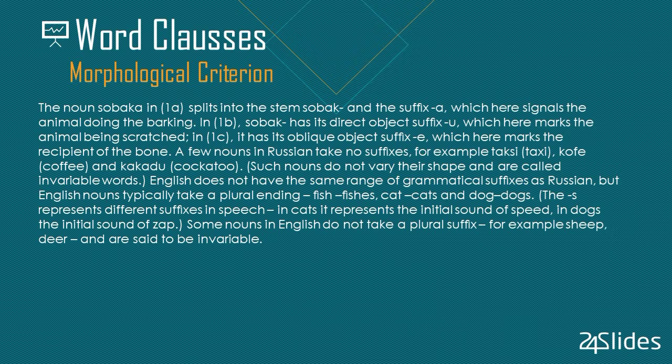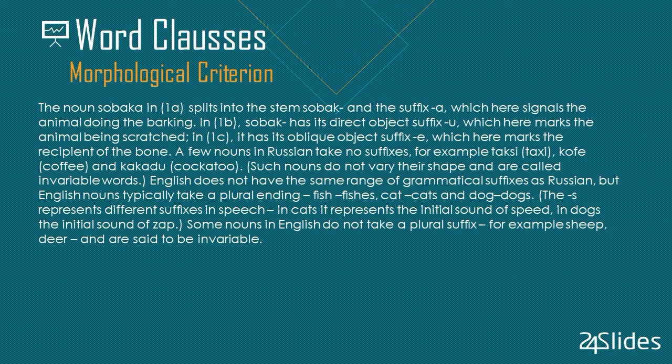In 1b, sobak has its direct object suffix u, which here marks the animal being scratched. In 1c, it has its oblique object suffix e, which here marks the recipient of the bone.